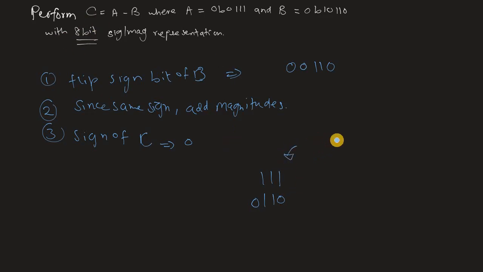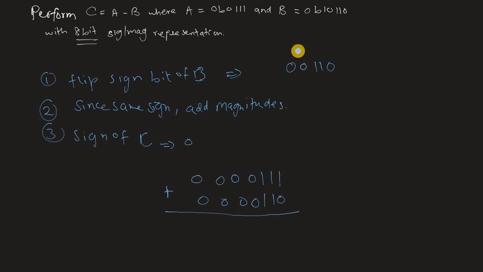So the magnitude will be 7 bits, and the remaining 1 bit goes for the sign, which is 0, okay. So we need to sign extend this to 7 bits. So we have 1 2 3 right now, so let's go ahead and make it 7 bits by sign extending it and adding 0. Now we simply add them.